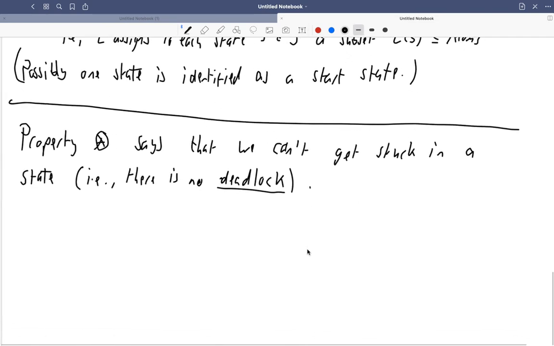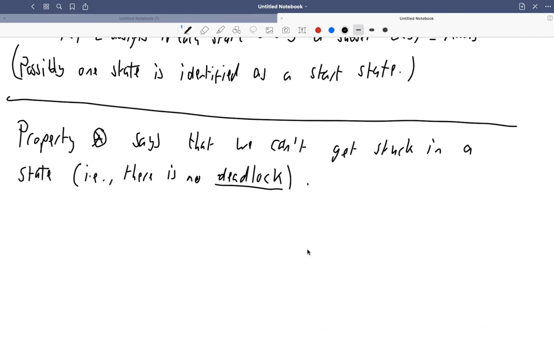Now this is a bit restrictive in some ways, or at least it looks a bit restrictive, because really complex systems might get into states in which there is deadlock and there is no way that the system can move on to another state.